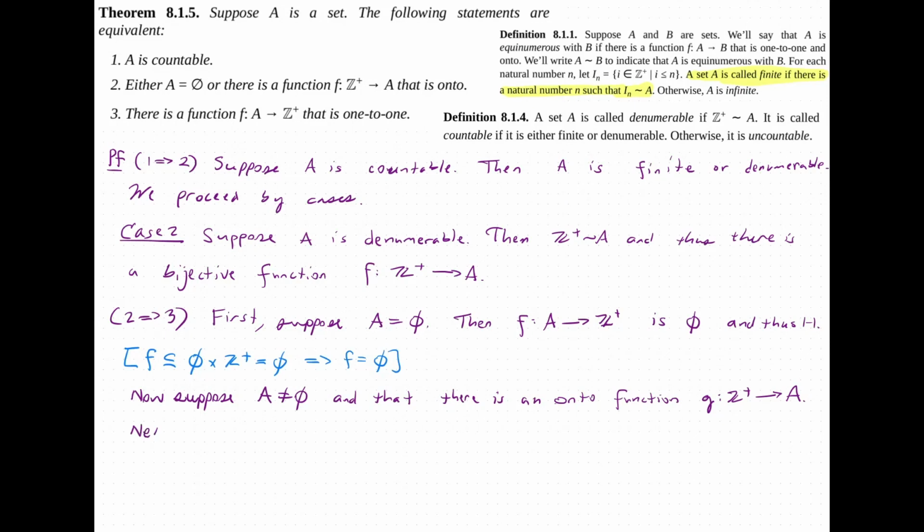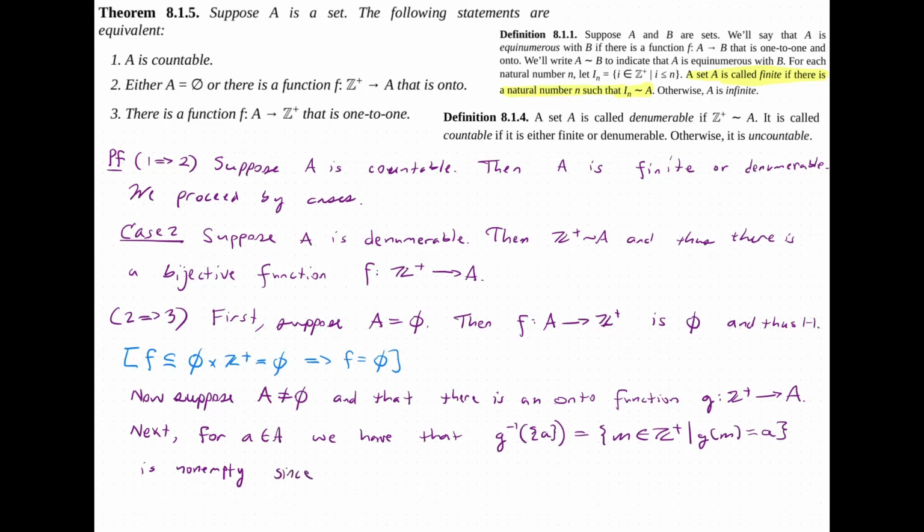So next, for a in A, we have that the inverse image of a, which by definition is those elements m in the positive integers such that g of m is equal to a, is non-empty, since g is onto.